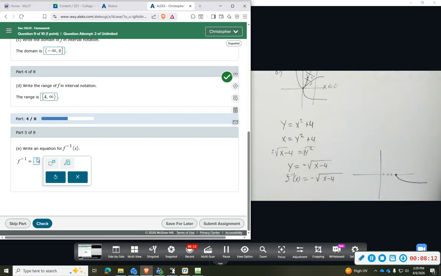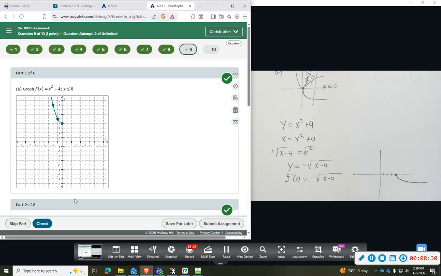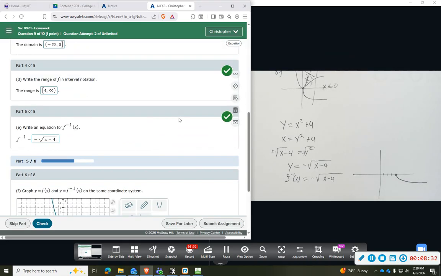This would be the graph that we're going to be looking for. So the function is negative square root of x minus 4. I'm sorry, I said 4 minus 4. I need x minus 4. All right. There's a green check.